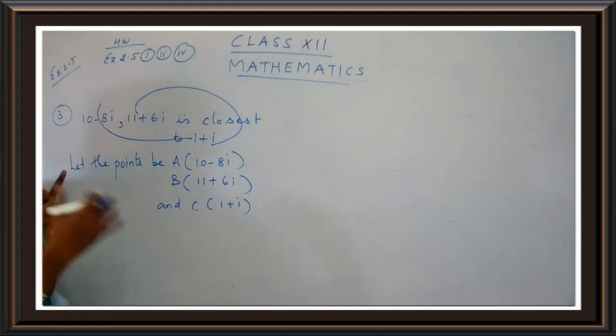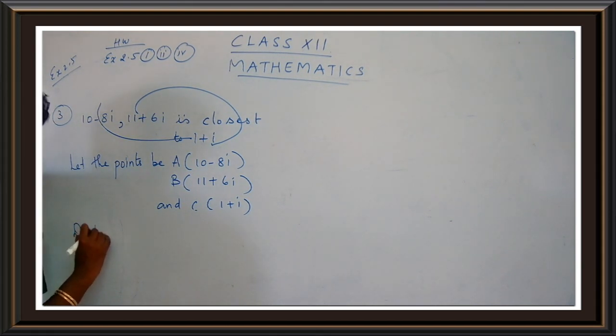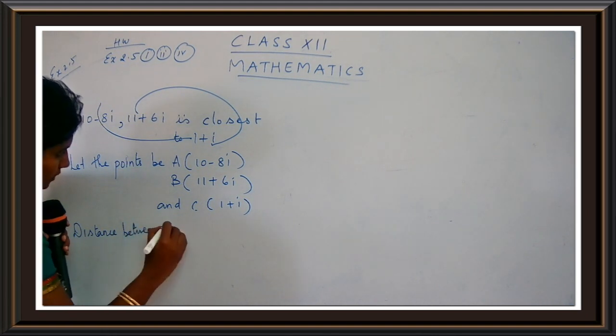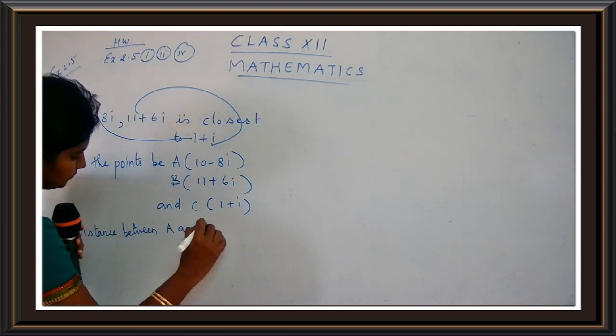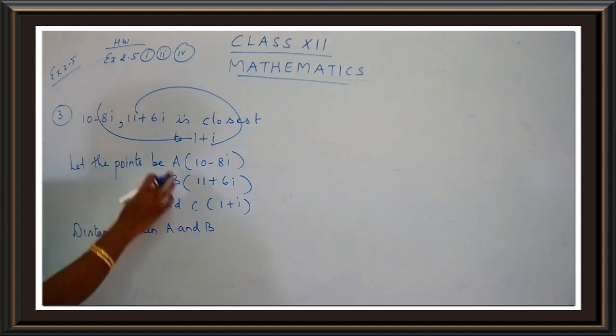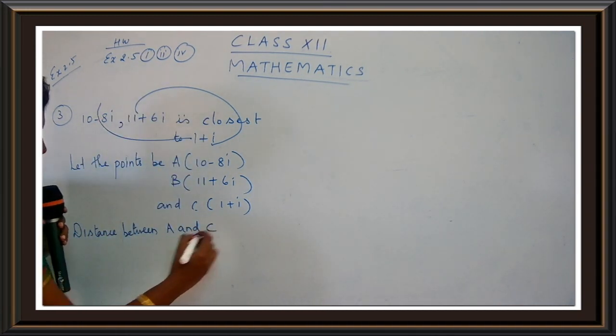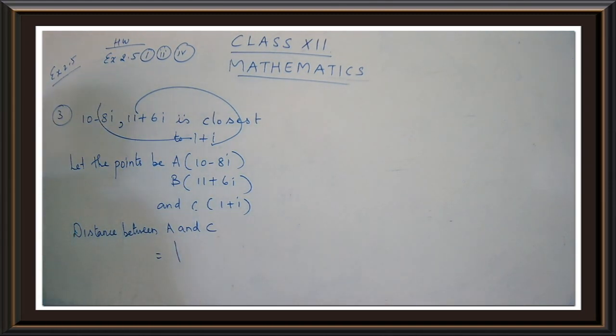Let's write the next point. Distance between A and B. Okay, not A and B, we have to find A and C. I told you A and C and B and C. So AC is equal to the modulus of, take this value and take this value. We have to take the difference of them.